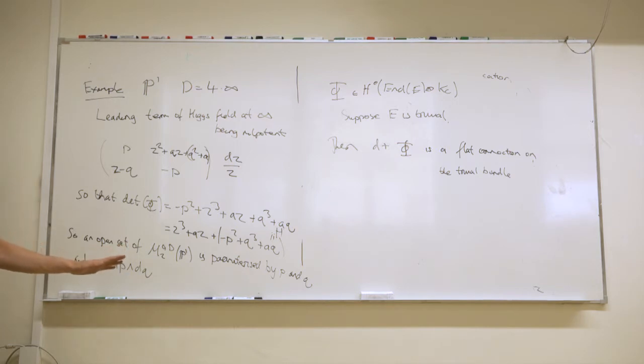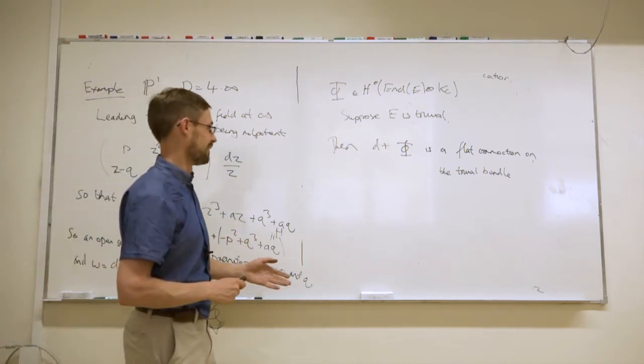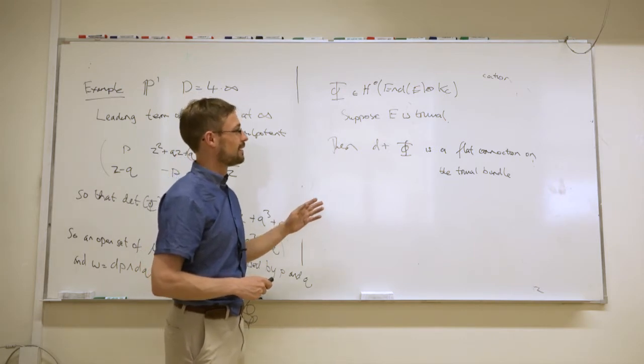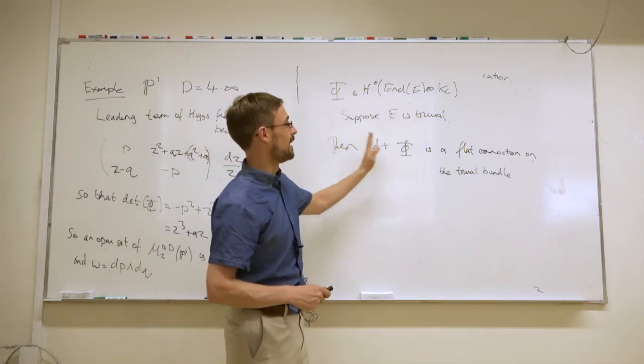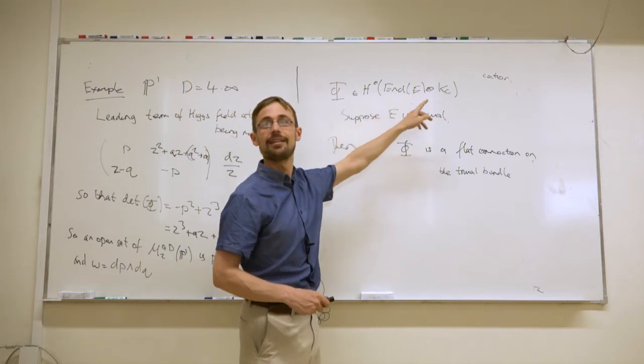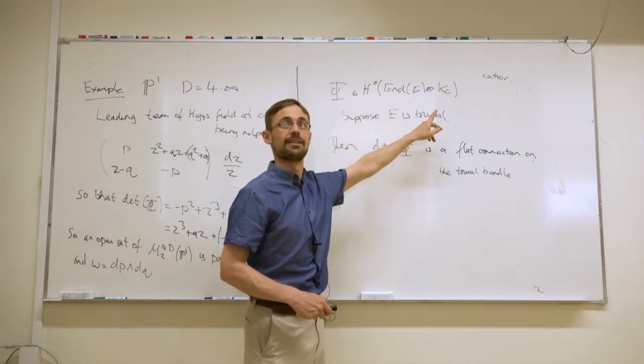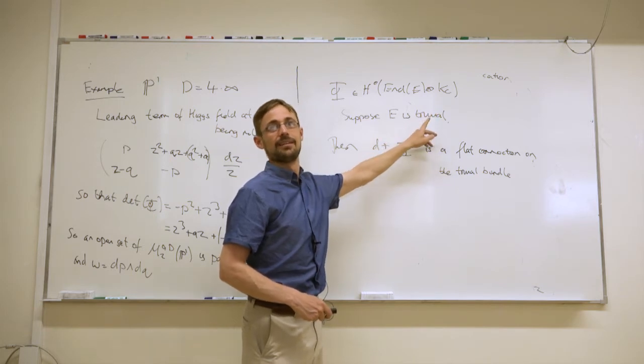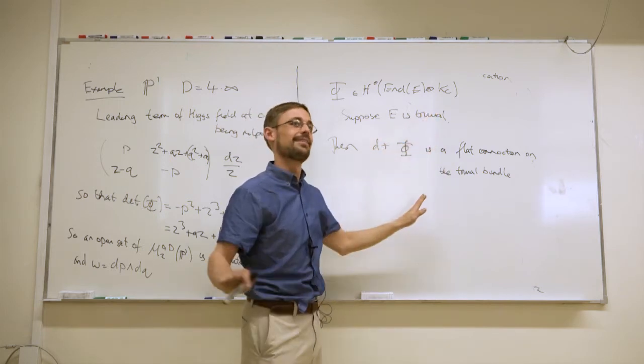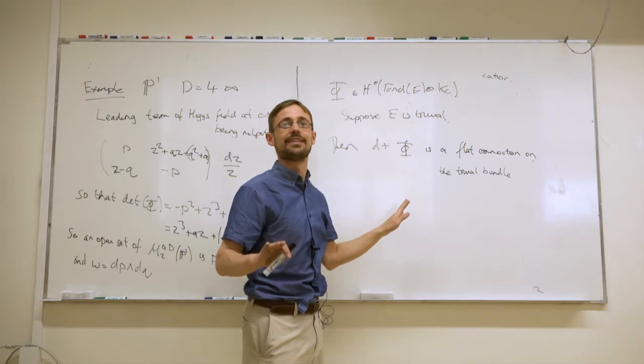That's a good question, and a sort of cheap answer to it is that this data really depends upon the choice of a complex structure on the curve, on the Riemann surface, whereas the monodromy of a connection does not see the complex structure.